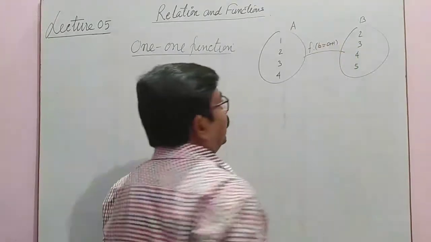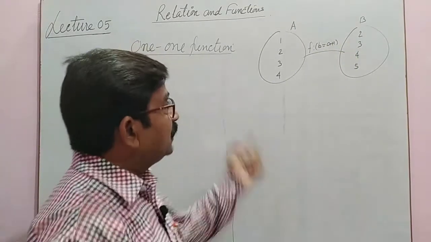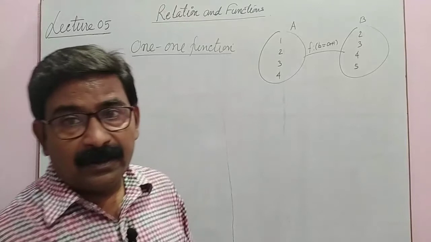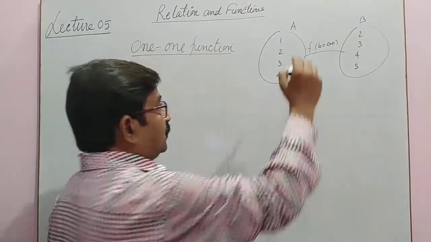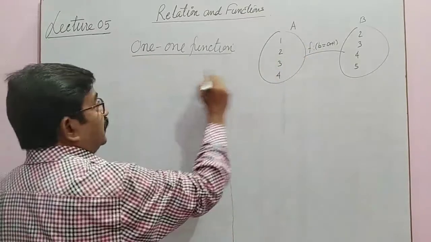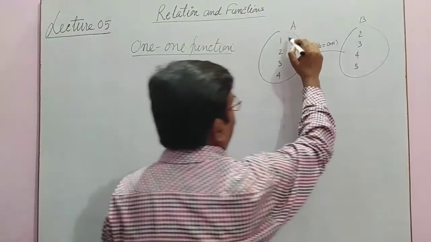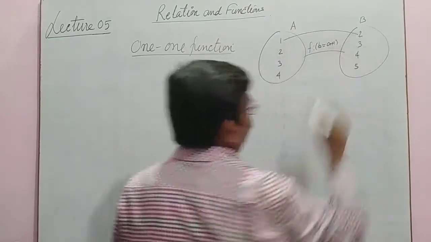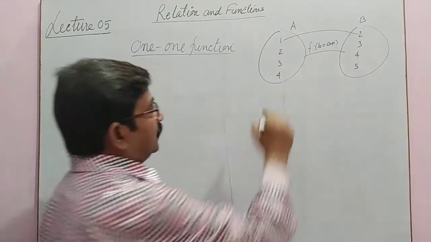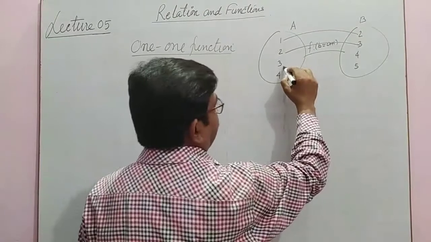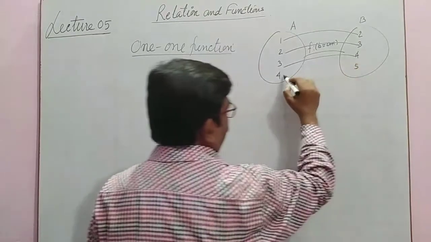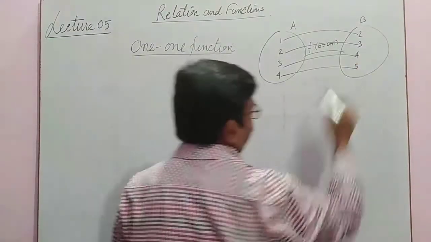Means the second element is one more than the first element. So see, if we take x is equal to 1, then y is equal to 1 plus 1, which is 2. If we take x is equal to 2, then it is 3. If x is equal to 3, then it is 4. If x is equal to 4, it is 5.